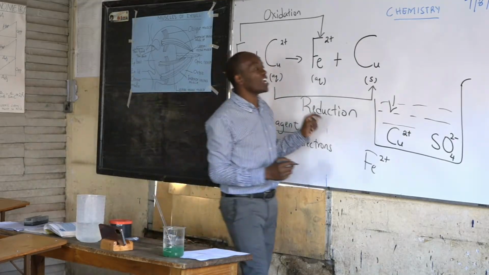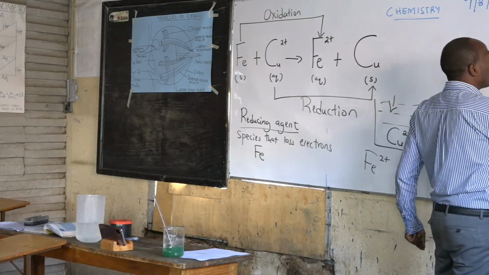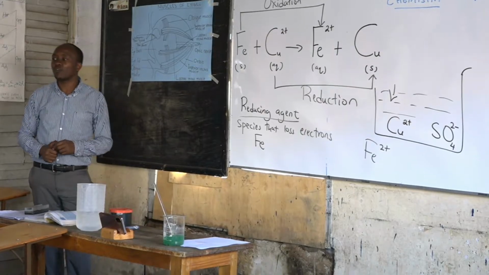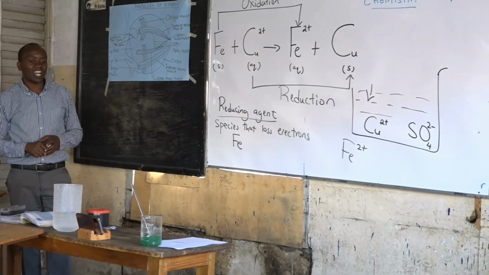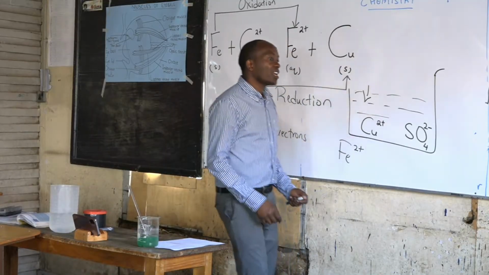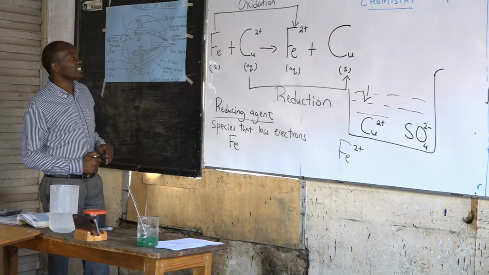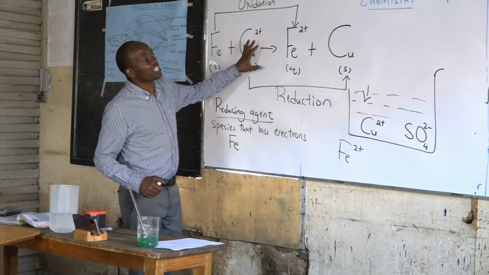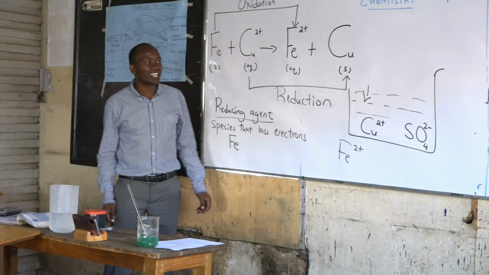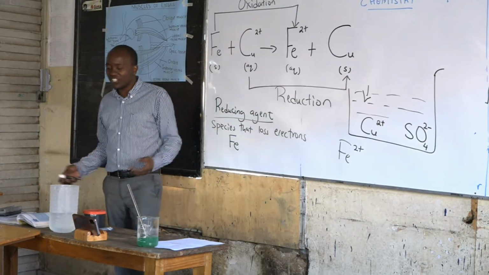It gains electrons from copper 2 ions to copper metal. So copper 2 ions is our oxidizing agent. You can just pick it from the reactant side. It undergoes which process? Reduction. Very good.